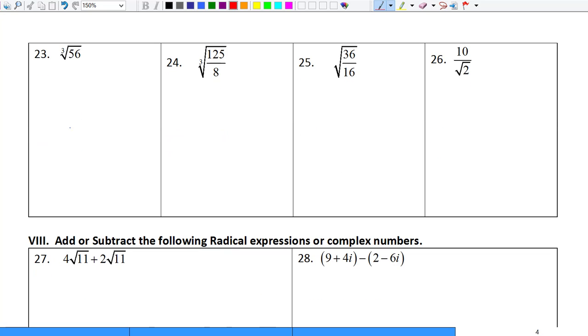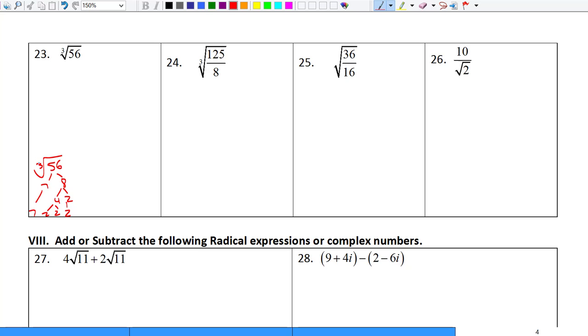Okay, so the next thing I can do is the cube root of 56. Now, because it says cube root, when I break it up, I'm looking for groups of 3, not groups of 2. So I've got 7 times 8, 4 and 2. So that's 7, 2, 2, 2.